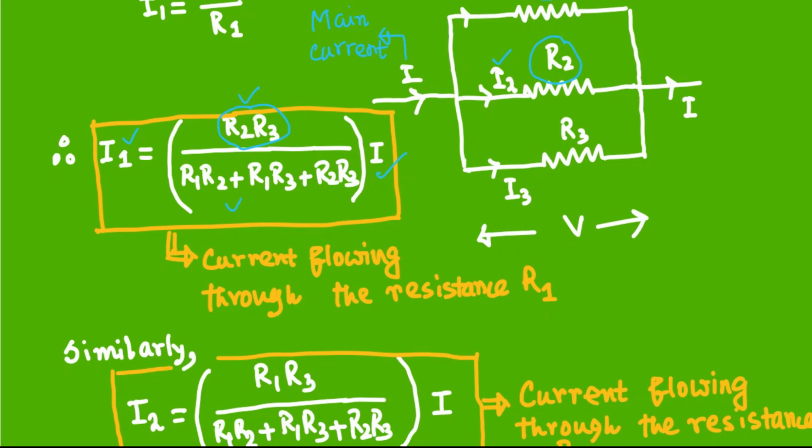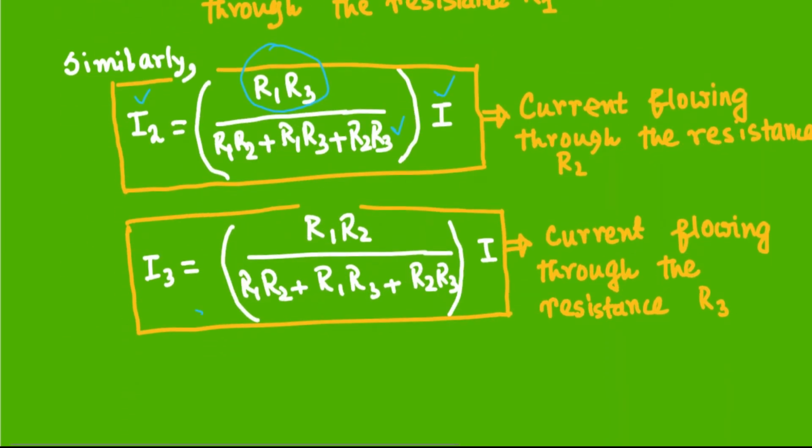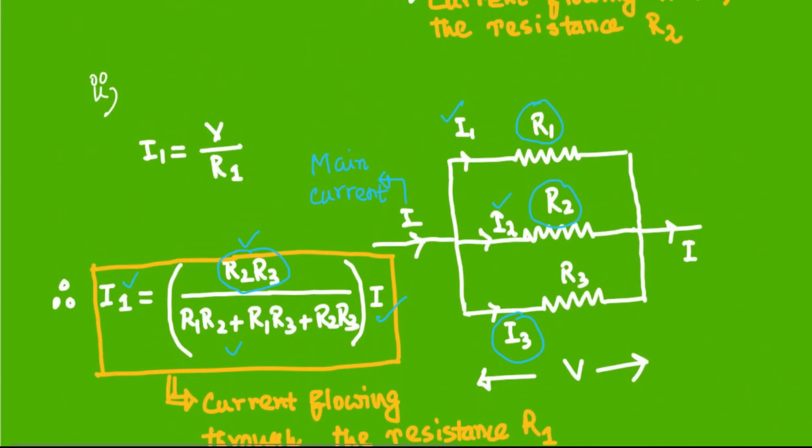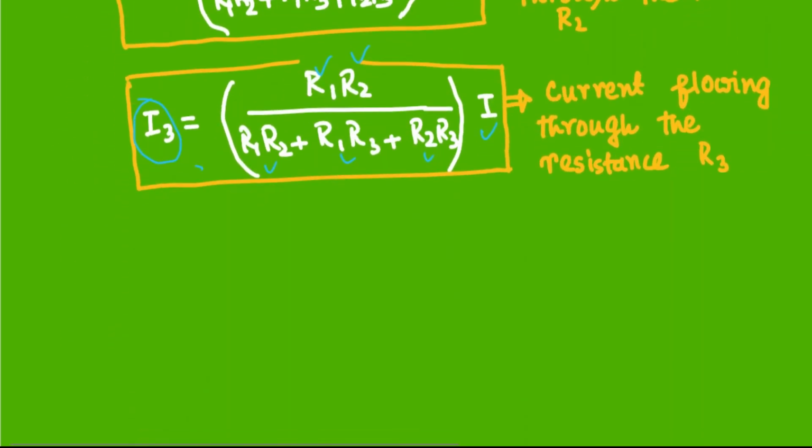In the numerator we should have the product of the other two resistances R1 and R3, divided by the sum of the products of all the resistances, into main current I. For the current I3, that is current flowing through the resistance R3, in the numerator we should have the product of the other two resistances R1 R2, divided by R1 R2 plus R2 R3 plus R1 R3, into I. So here we get the formula of current flowing through all the resistances R1, R2, R3 connected in the parallel combination.